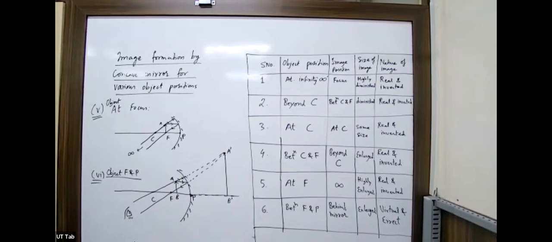Okay, object between F and P. So image is virtual erect.